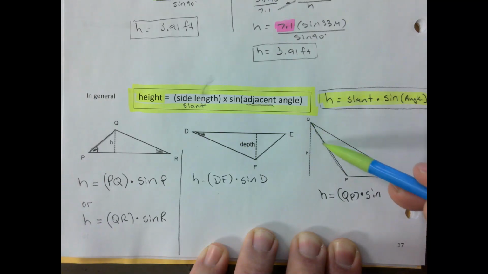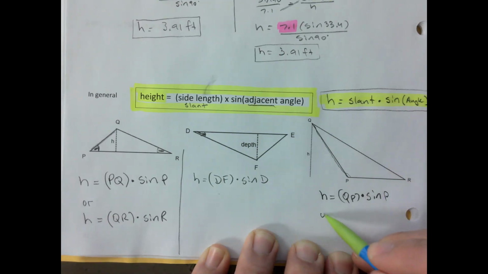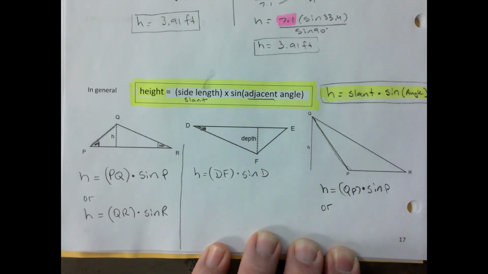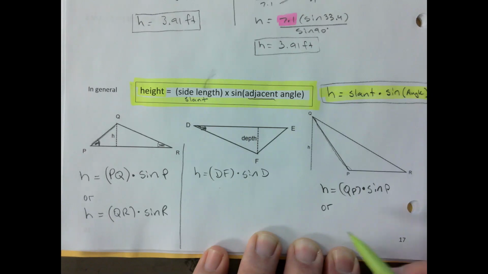If it's QP, yes. Or H is found by going QR, okay, this one out here. QR, if you get, then you have to go sine of R.